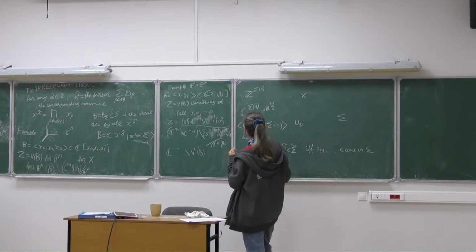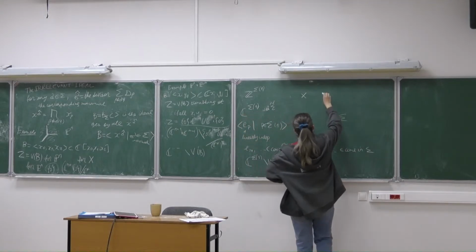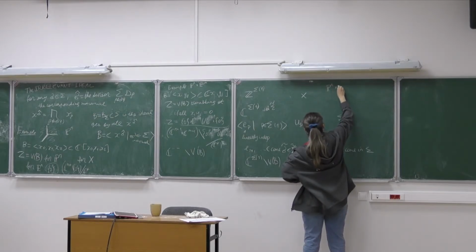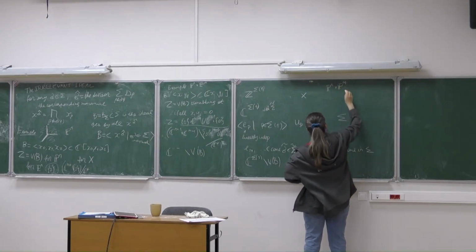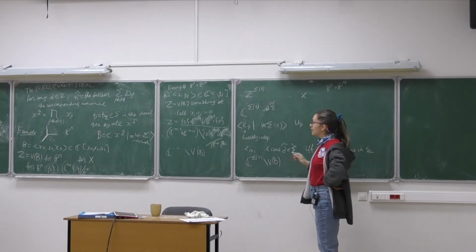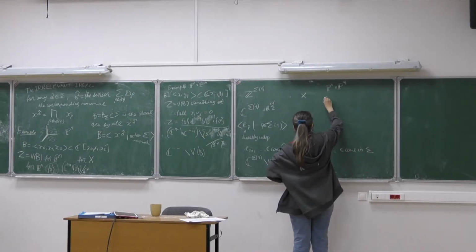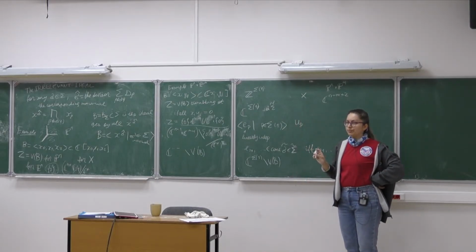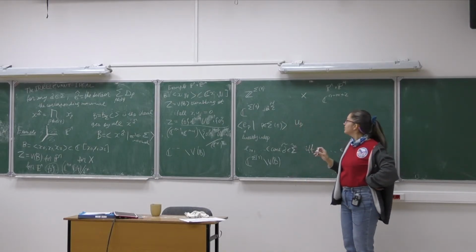So, for example, if we have Pn cross Pm, what do we have? We have C^(n+m+2), and what do we have as cones?